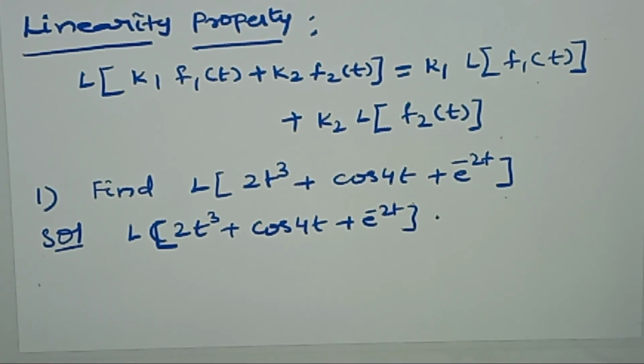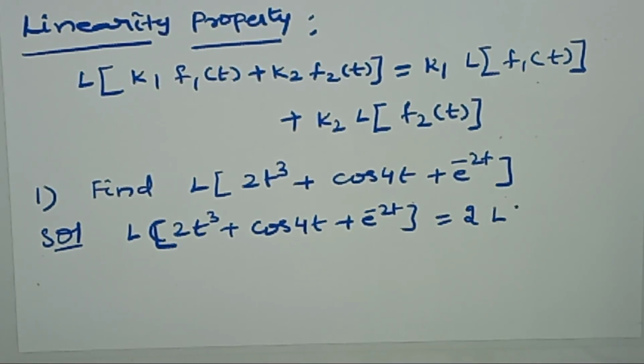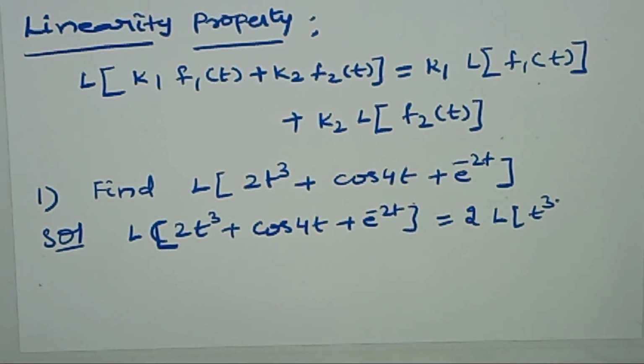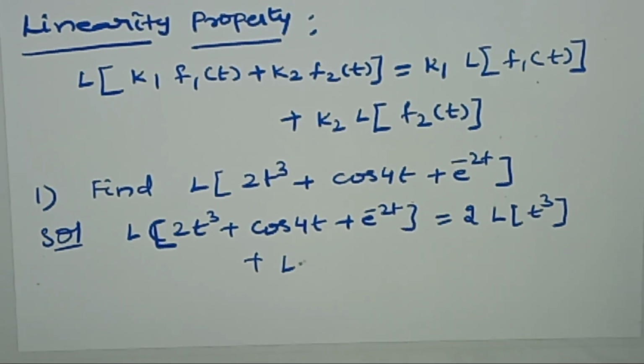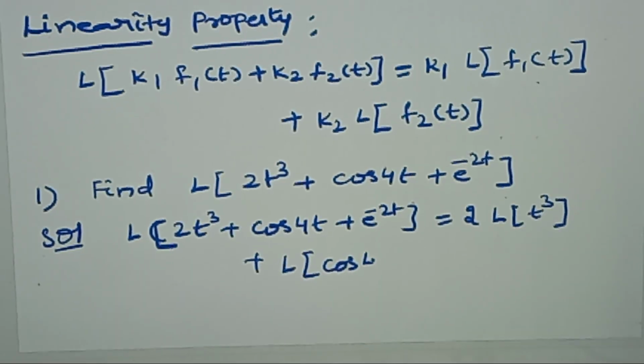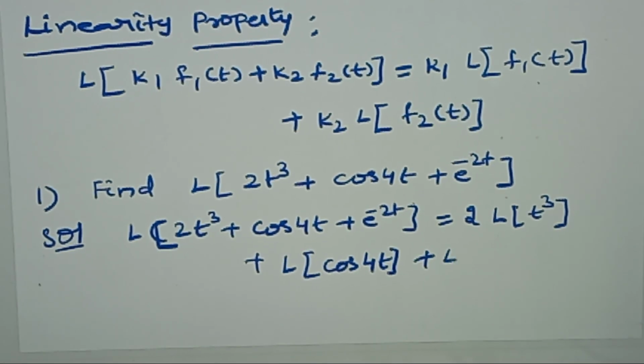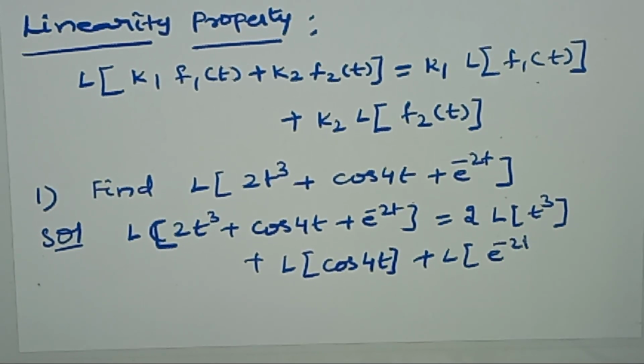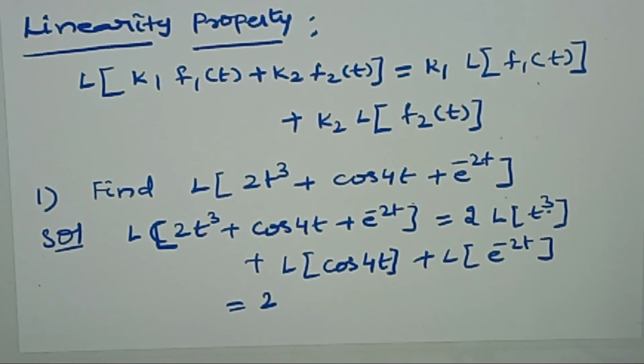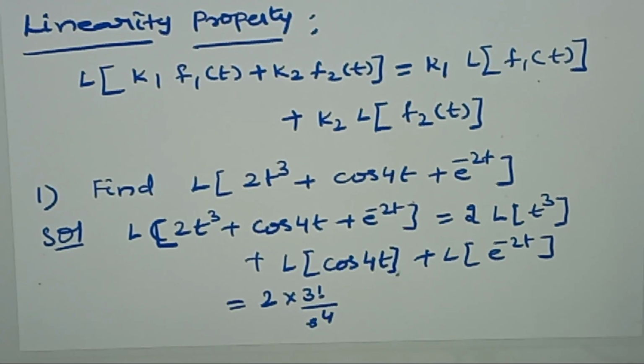You can write it as 2 into Laplace transform of t cube plus Laplace transform of cos 4t plus L of e raised to minus 2t. What have we studied? What is the Laplace transform of t raised to n? n factorial upon s raised to n plus 1, which will give you s raised to 4.